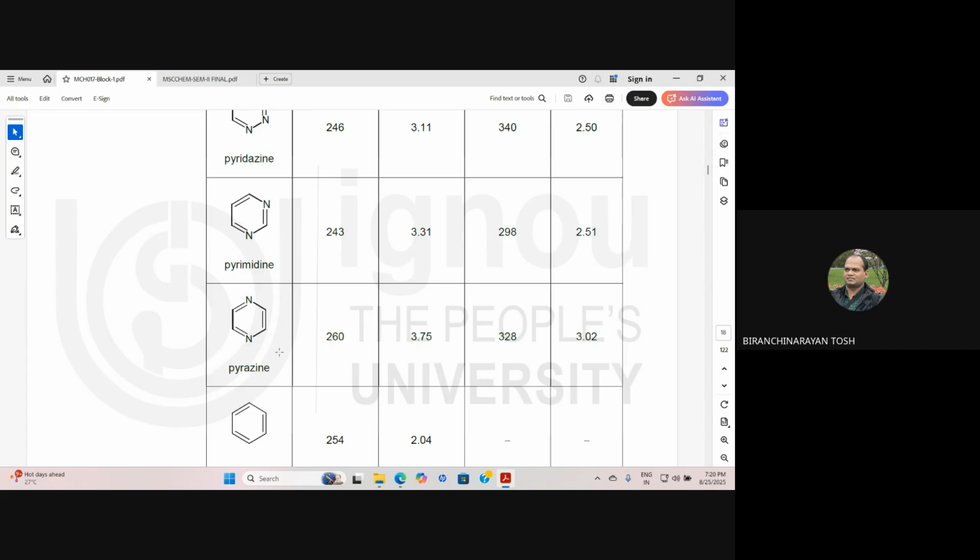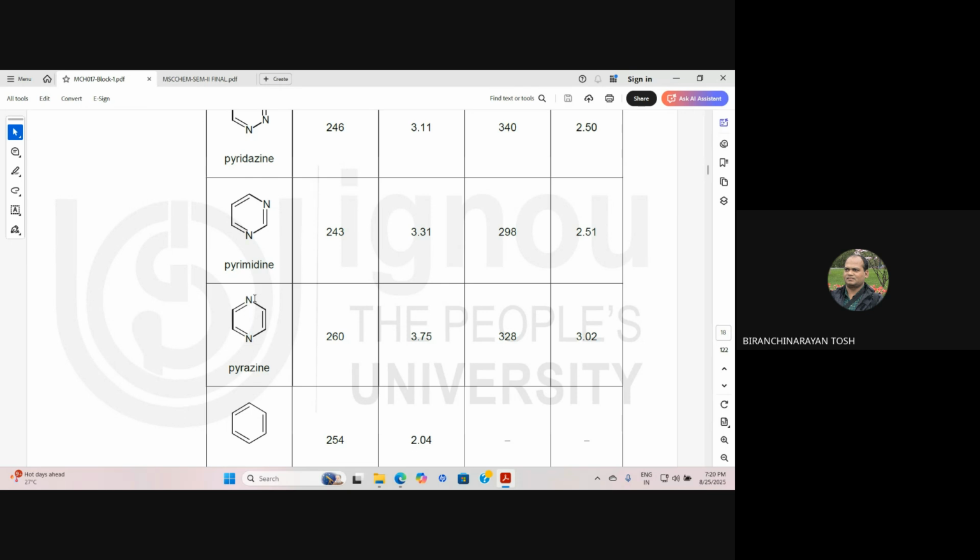Am I clear? Because these are nitrogen containing compounds, they are basic. So if you add acid, it will be protonated, and NH plus will be there.